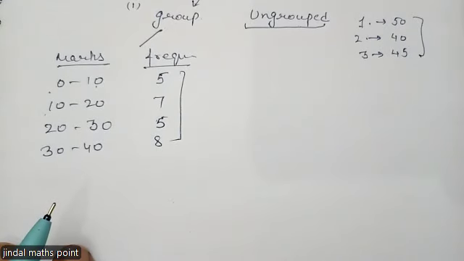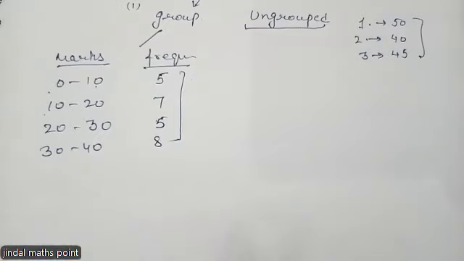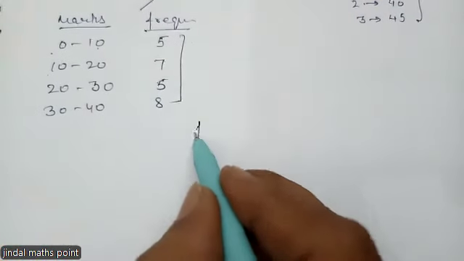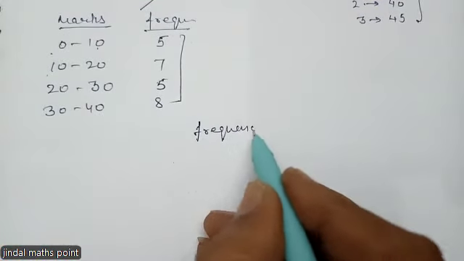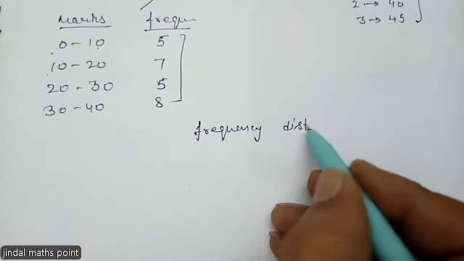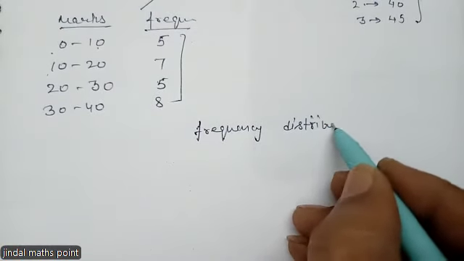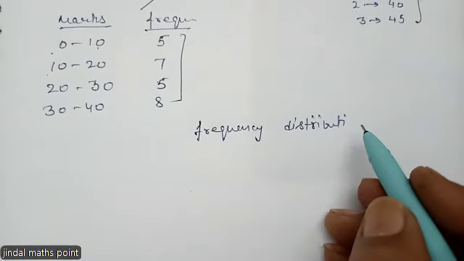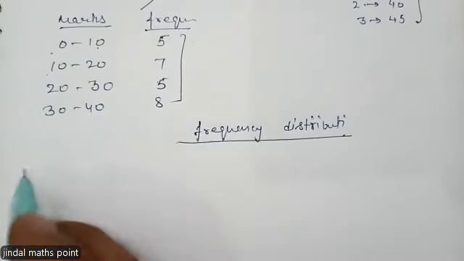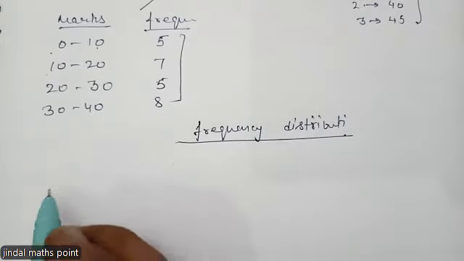Here, first of all, we can make the frequency distribution table. Before this, I will explain some more things. First is continuous variable.